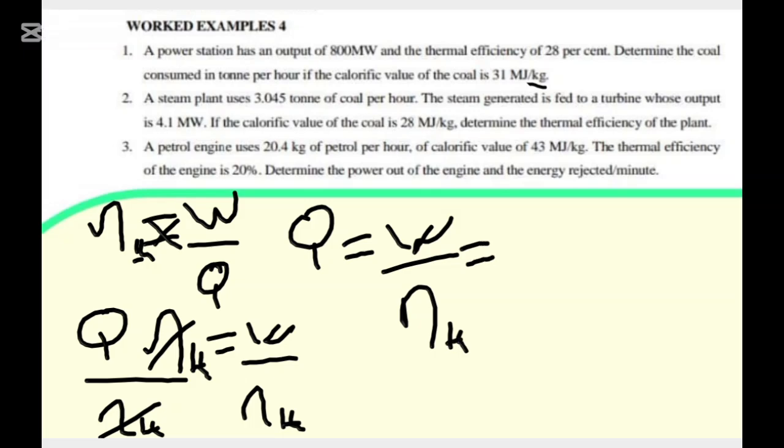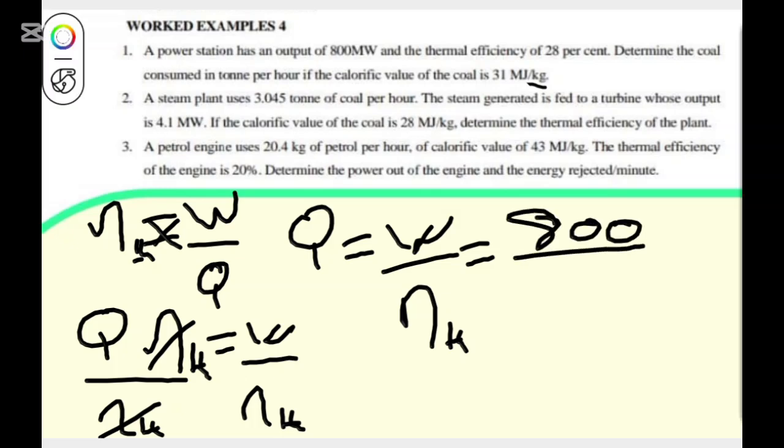And the work is the output power. So the output power is 800, divided by the thermal efficiency, which is 28%, but I have to convert it, so it will now be 0.28.